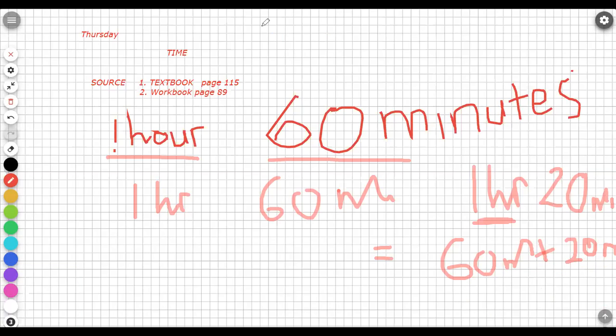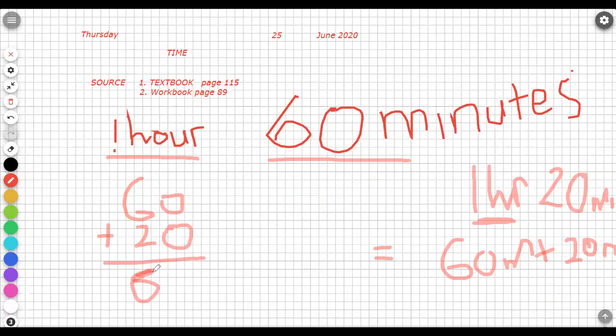Let me just erase this. I can say 60 plus, this way of arranging our work, plus 20, then I get how many minutes? 80 minutes altogether that Rita spent. Let's look at the other example that we are given in our books.